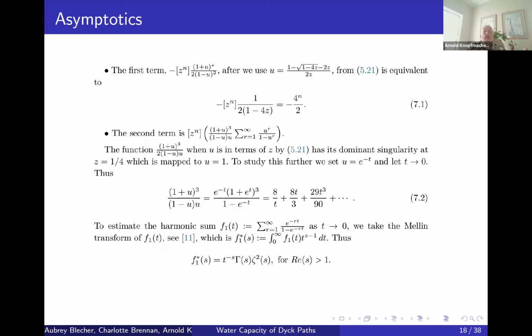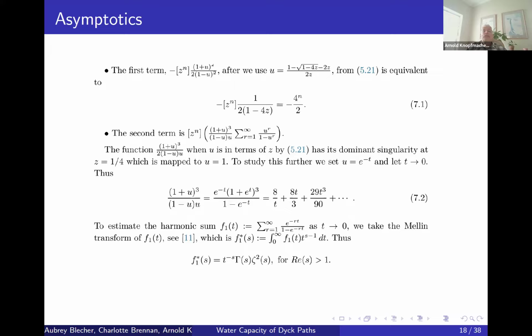Now we go to the second term in the generating function, and I've repeated it there so you can see it. You see the second term has a rational function on the outside, but then it has one of these Lambert series on the inside. And the difference now is we want asymptotic estimates, which means we want to know how does this function behave near the singularity of the original z function.